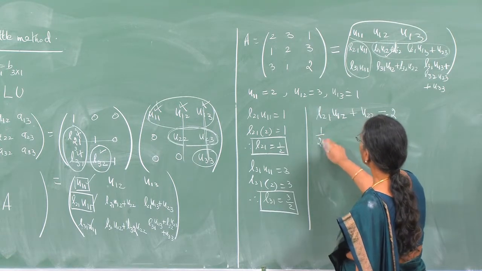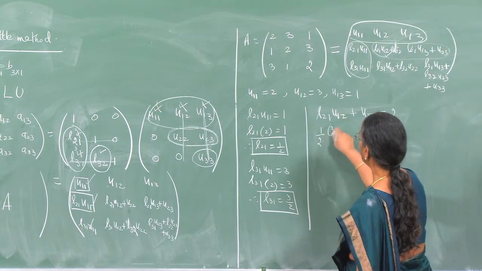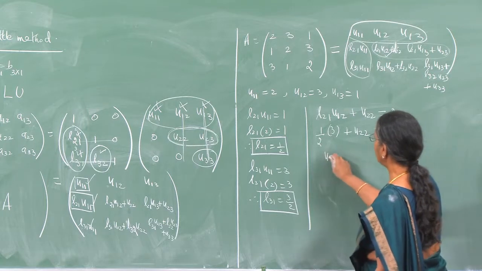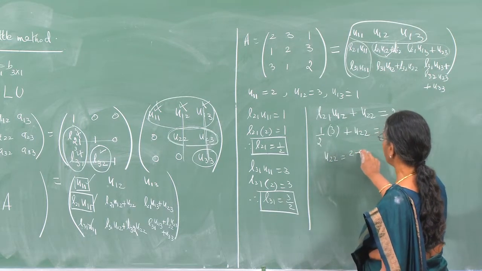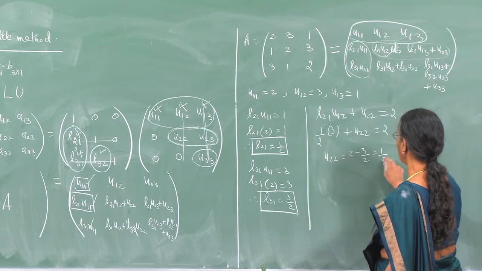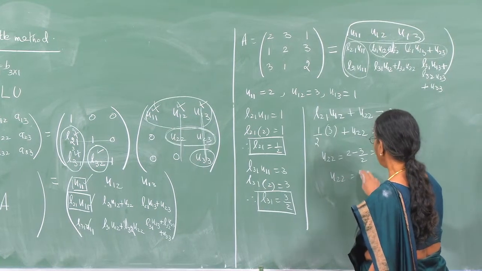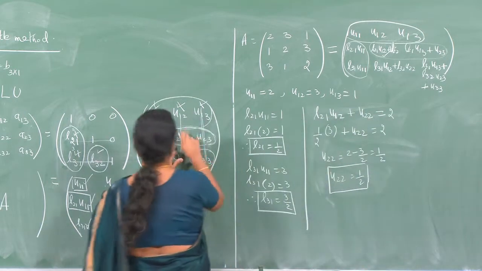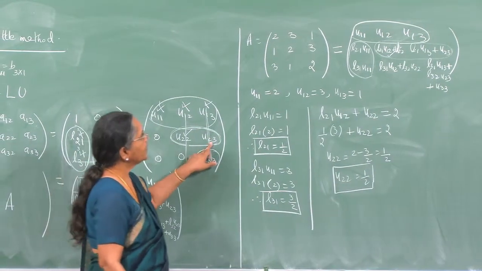L21 is known, U12 is known, U22 is unknown. So, this gives you U22 as 2 minus 3 by 2, and so U22 is half. So, you have determined this entry in the second row.